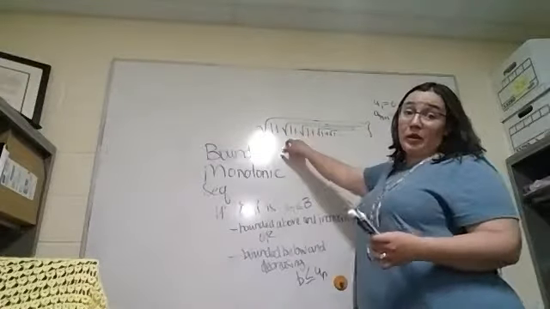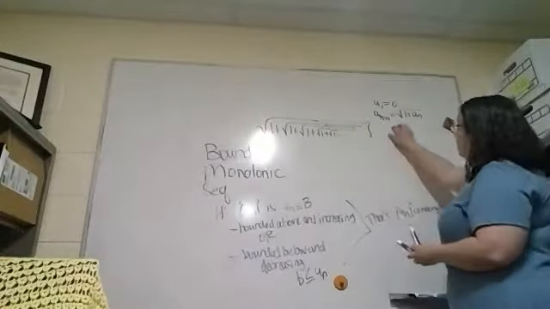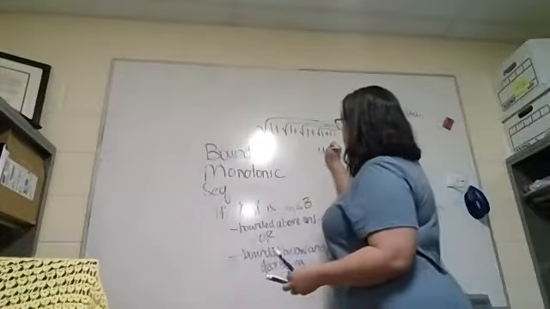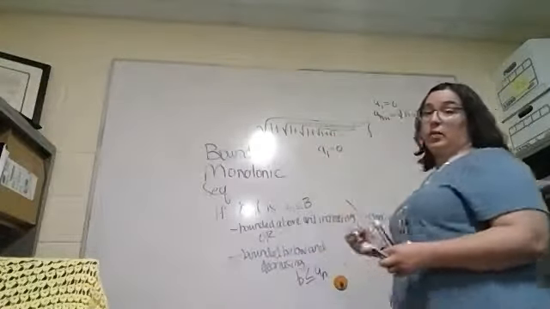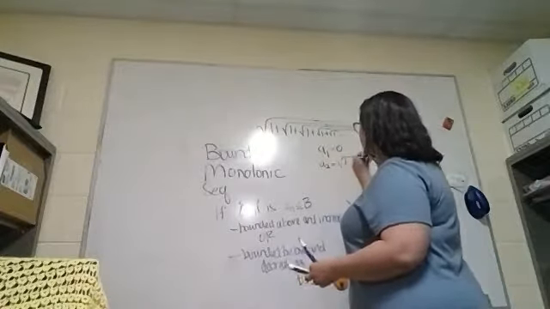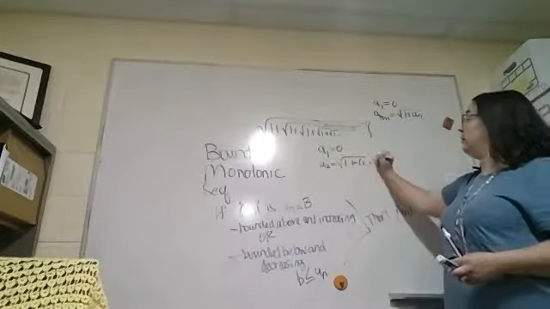In order to build this, let me show you why. If we follow these rules to create the sequence, then we know what the first term is. A1 is 0. So A2 should be the square root of 1 plus 0, because that was A1, so just 1.